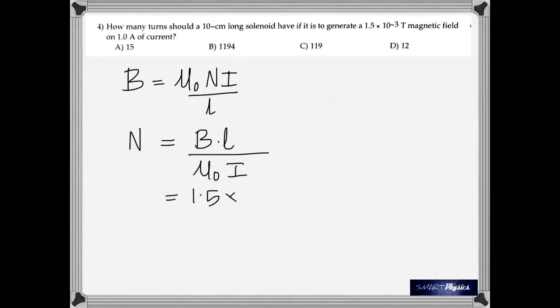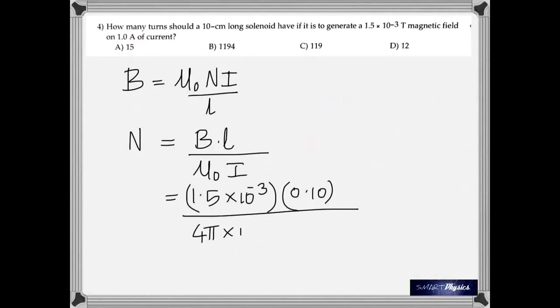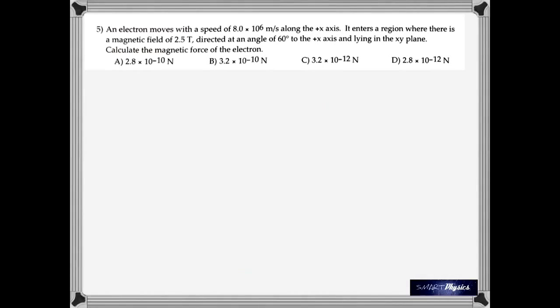B is 1.5 times 10 to the negative 3. Length must be in meters, so that's 0.1. Mu naught is 4 pi times 10 to the negative 7. And the current is 1 ampere. That gives 119 turns.